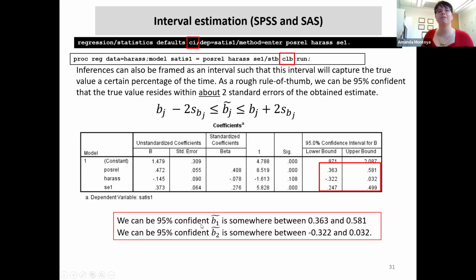So this word confident is doing a lot of mathematical heavy lifting for us, where we'd really say, in 95% of random samples, the confidence interval that we generate will capture the true population value. That's really, really long. So this word confident is doing a lot of mathematical heavy lifting. Don't replace it with anything. Always use the word confident, and then you'll be safe.